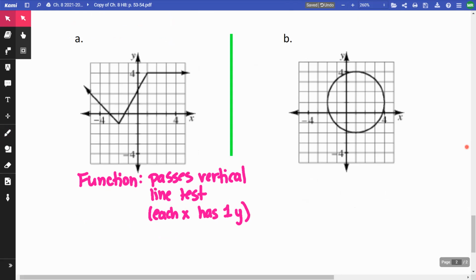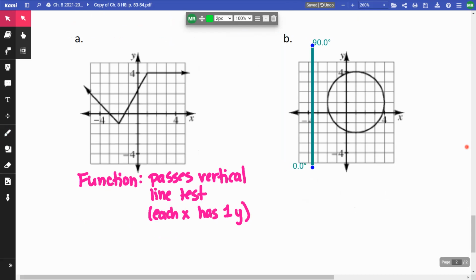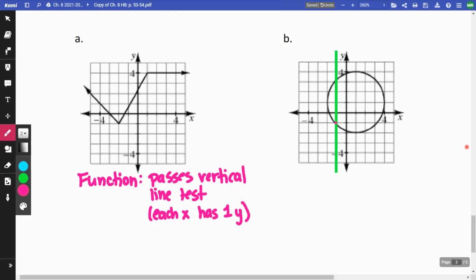So now I'm going to take this vertical line over here, and you can see as I'm going across, for example, right here, I'm at -1. I have two different y values. I have a y value here. I have a y value here. That is going to fail the vertical line test. And as I move that across, it's going to touch more places. So not a function, fails vertical line test.